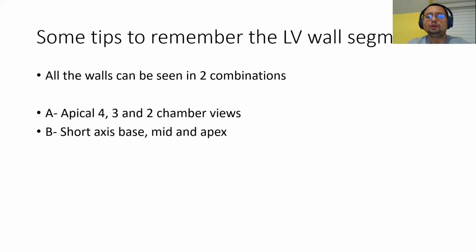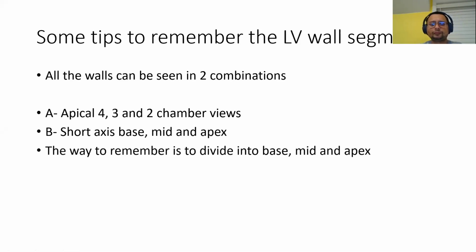The ventricle walls consist of 16 segments plus one apical cap. So overall there are 17 segments, but the apical cap does not contract. So we have 16 contracting segments, and we need to know how to name each of them.